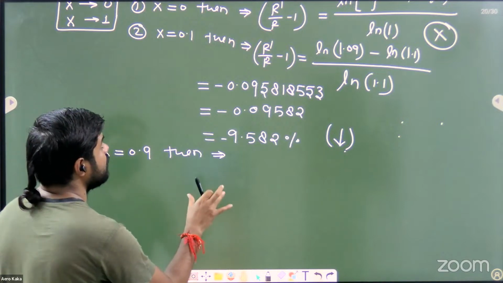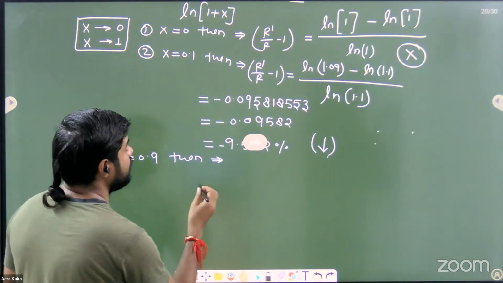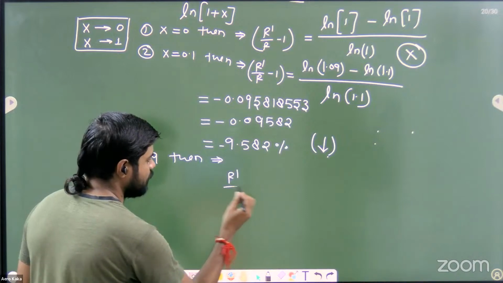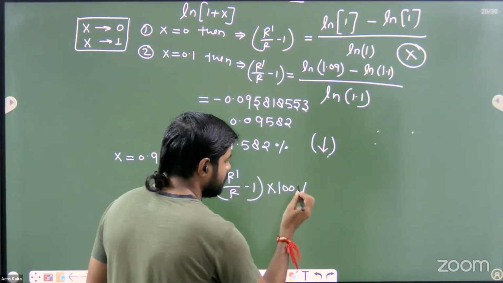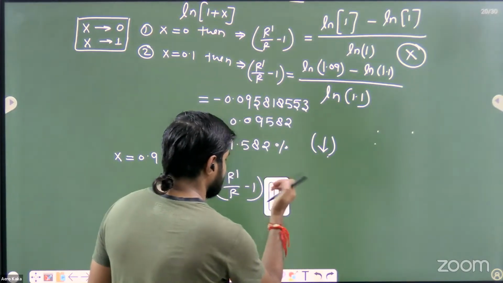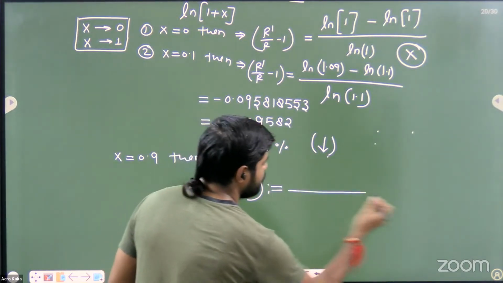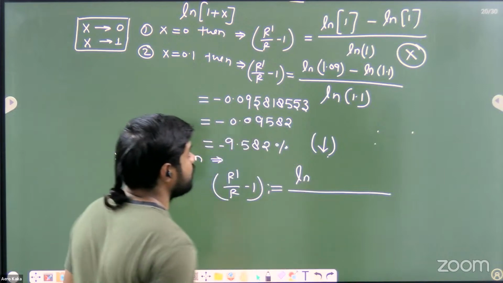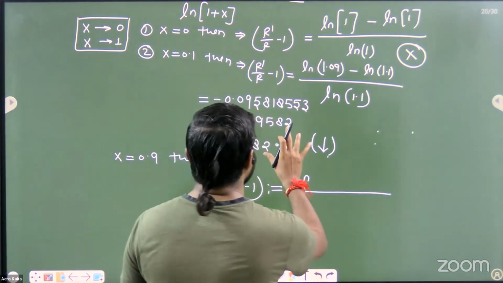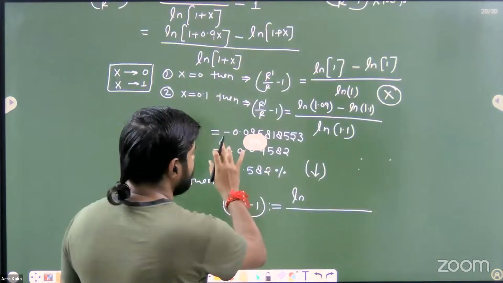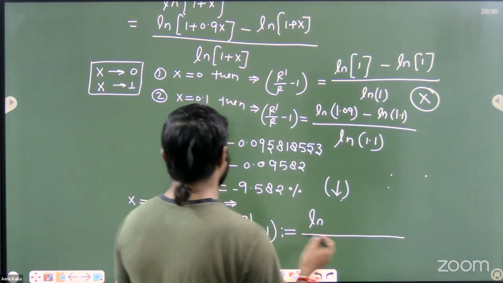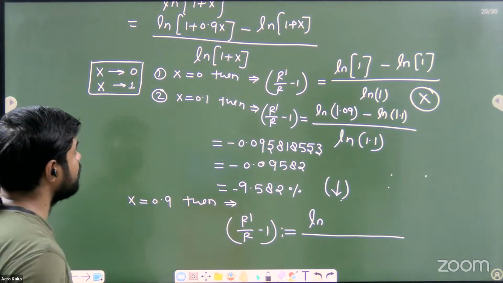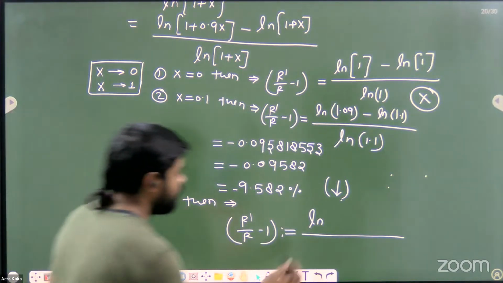So if you put this value here, then R prime upon R minus 1 into 100% is equal to how much? If you put x equal to 0.9 in this equation, then 0.9 into 0.9 gives ln of 1.81.